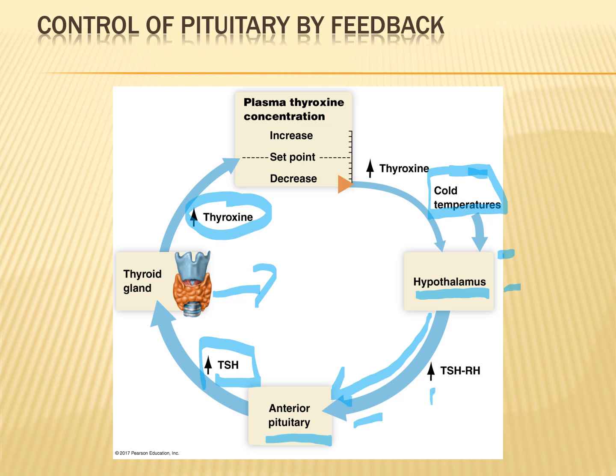So it's going to decrease stimulation of the pituitary, which will decrease stimulation of the thyroid gland, which will decrease production of thyroid hormone. That's the negative feedback part: once you start making thyroid hormone and it starts functioning, then you shut off making any more because you don't want it to be overactive and increase body temperature too much.